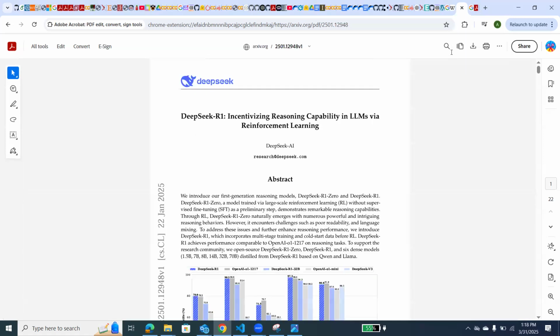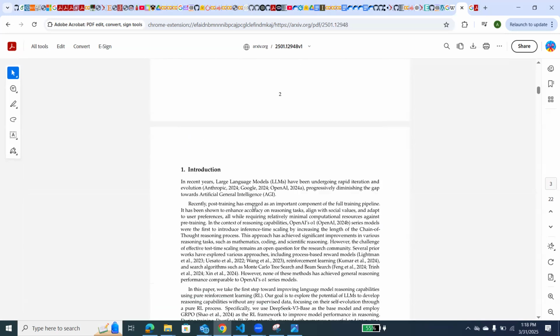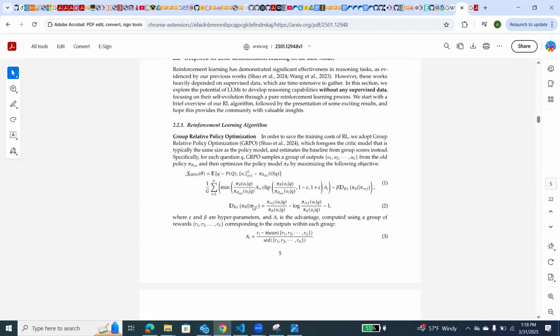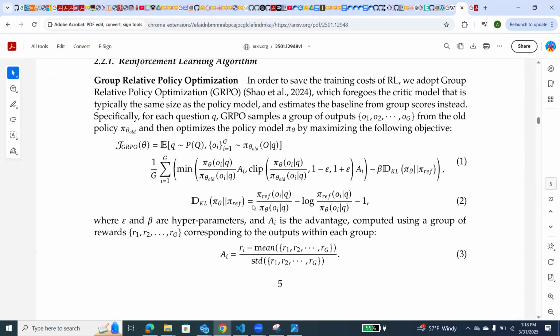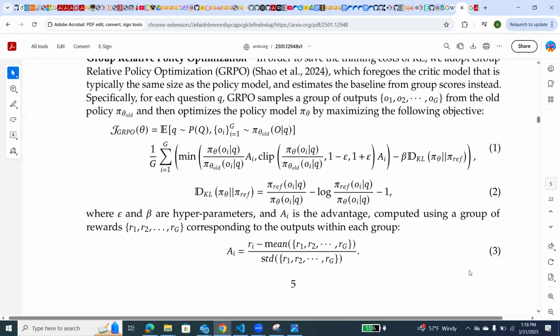in this DeepSeek paper, they proposed a modification of this DPO algorithm, which we call GRPO. So this is the third main component of this DeepSeek paper.